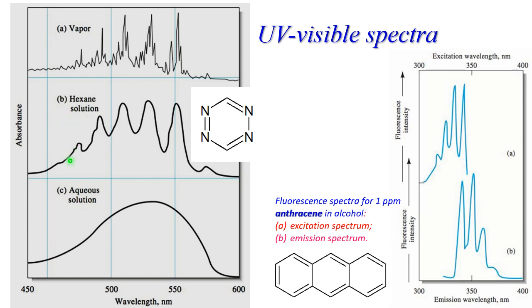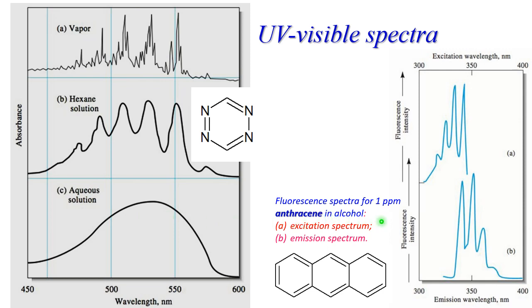Usually we deal with solutions, and when we make a solution of the same compound in hexane, instead of multiple peaks, we have a series of much smaller number, 1, 2, 3, 4, 5, 6 peaks. Okay, 6 peaks is not bad. The problem is when you are coming from hexane to water, you have only one of them left. So the spectra depend on conditions of measurement, and not always can you take the solvent that is suitable for identification. Anyway, of course, for identification purposes, 6 is much better than 1.